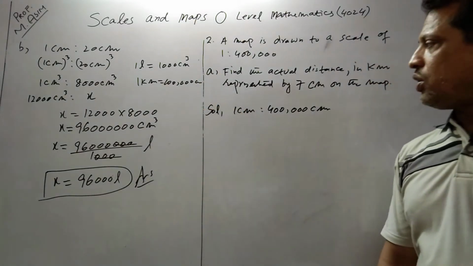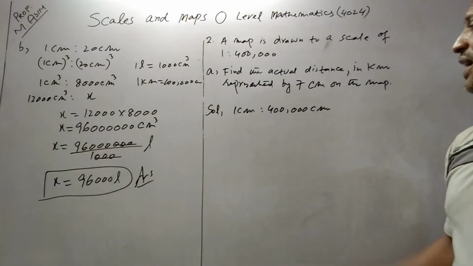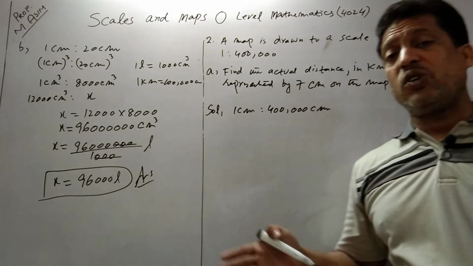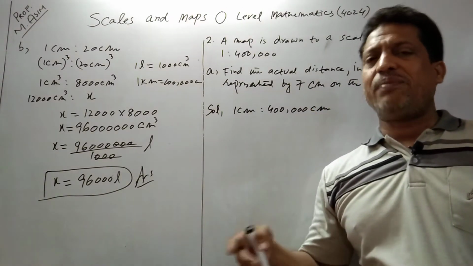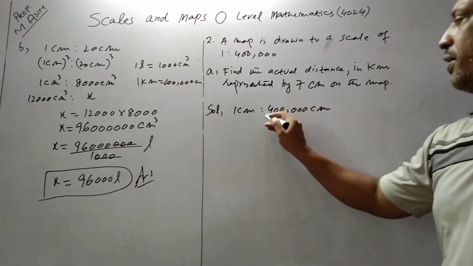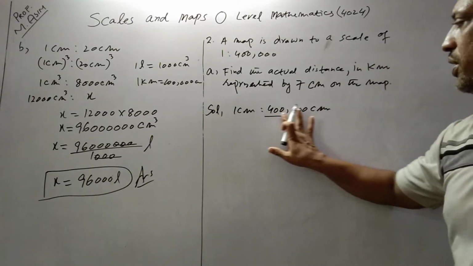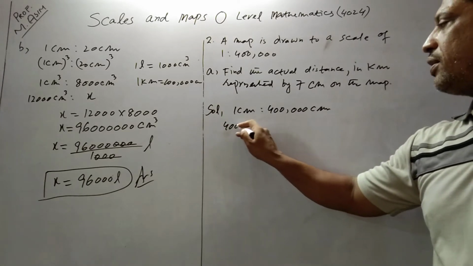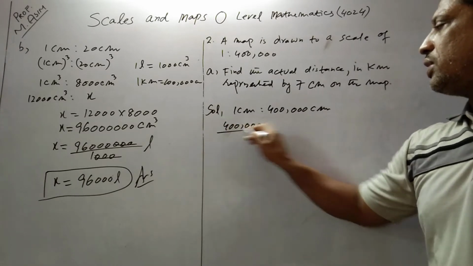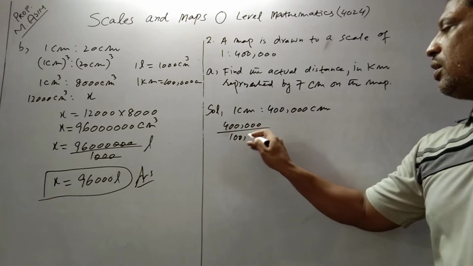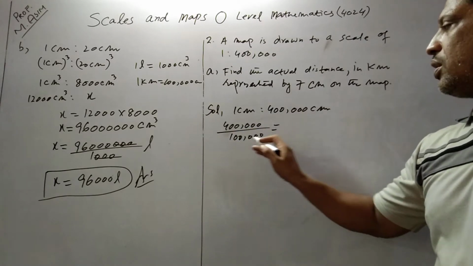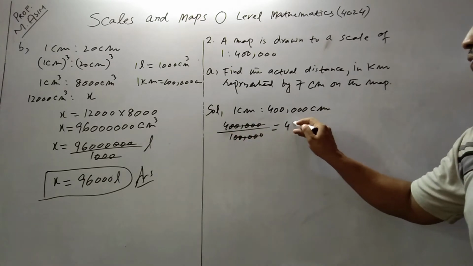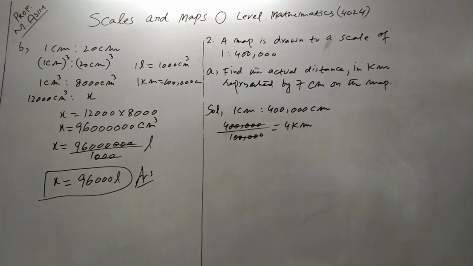So when we convert centimeter into kilometer, because we are going from a smaller to a bigger quantity, we must divide by 100,000. So 400,000 divided by 100,000: these 5 zeros cancel these 5 zeros. The answer is 4 kilometers.